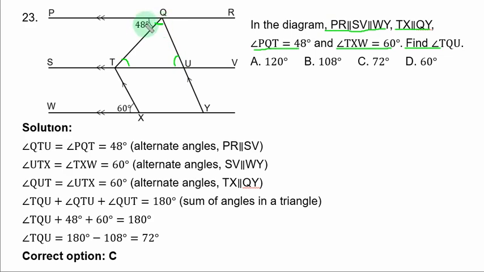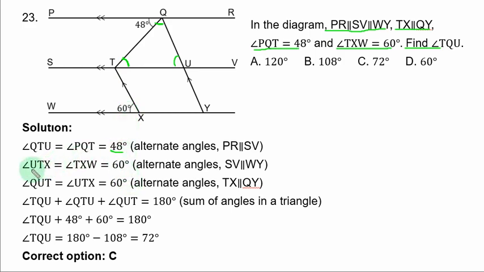Alright, this angle here, angle PQT, that is 48, is equal to this angle QTU, alternate angles, because of the parallel lines. So already we know QTU as 48 degrees.